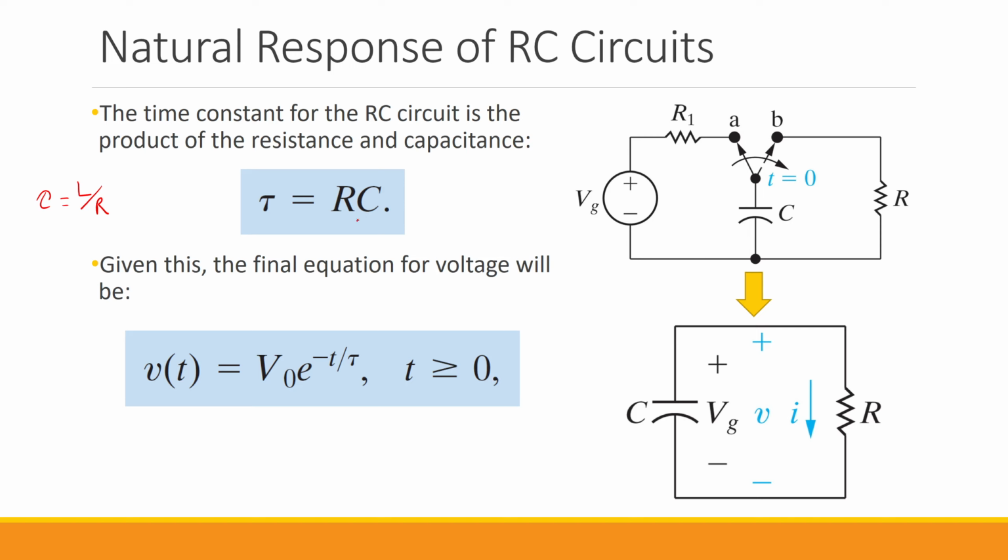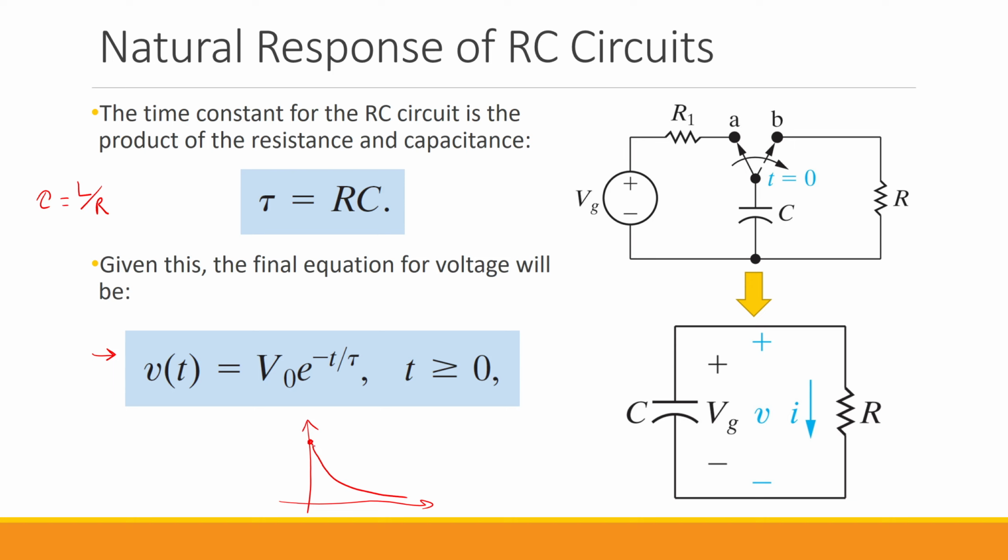So given this definition for the time constant of an RC circuit, we can rewrite the voltage equation. So now we get V at any given time t equals V0 e to the negative t over tau. As I said, the physical meaning of the time constant doesn't change. So first of all, this voltage equation is again an exponentially decreasing function.